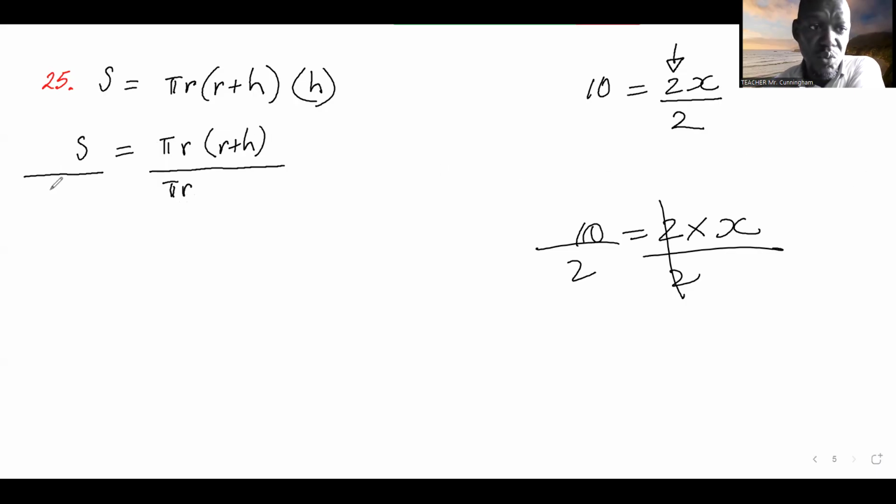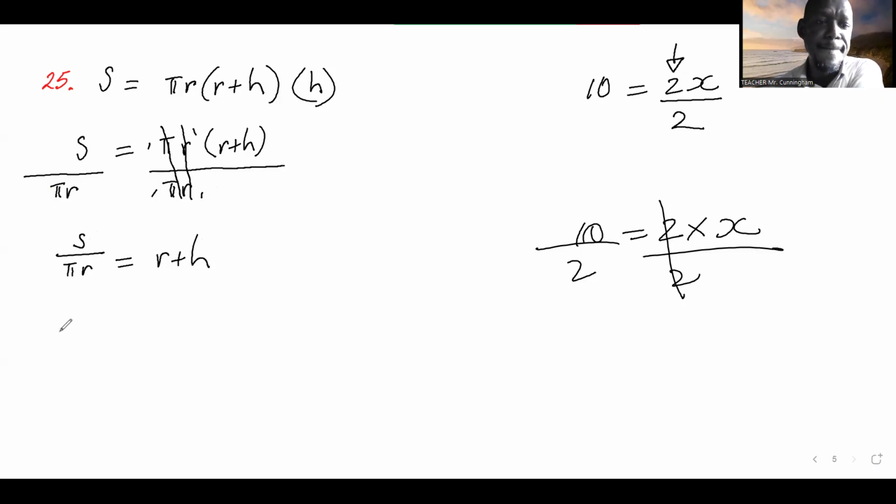Whatever you do on one side, you do on the other side. So the pi's will cancel, pi into pi 1, R into R 1. So we are left with S over pi R equals R plus H.